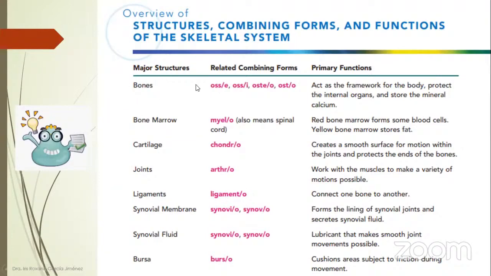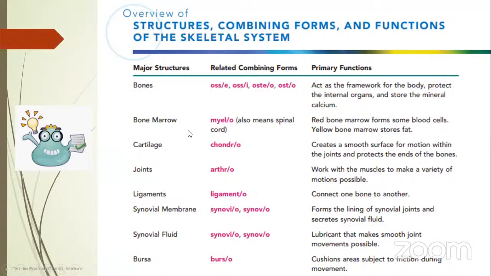We have the major structure, bones, and the related combining forms. We can find it like os or osi, oste, osteo, ost, osto, right? Four ways to combine this. And the primary function, that we all know about, but we can read it at home for catching some vocabulary.